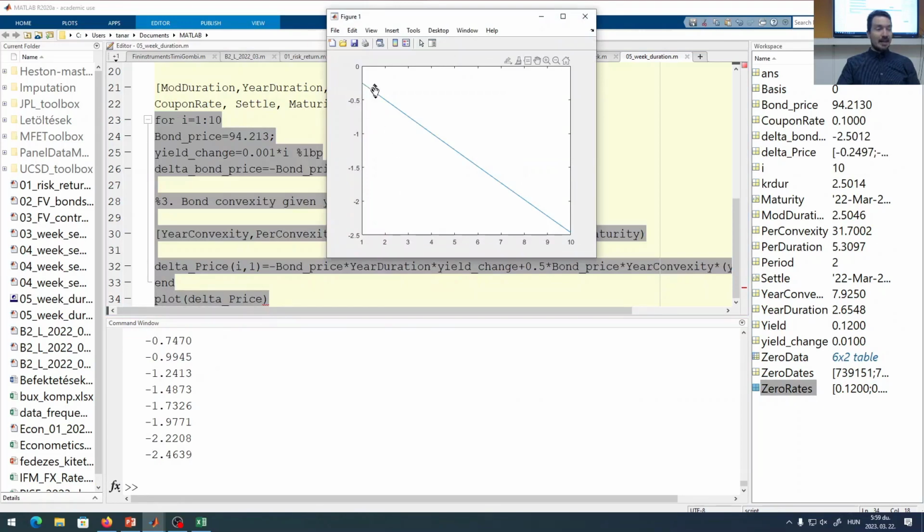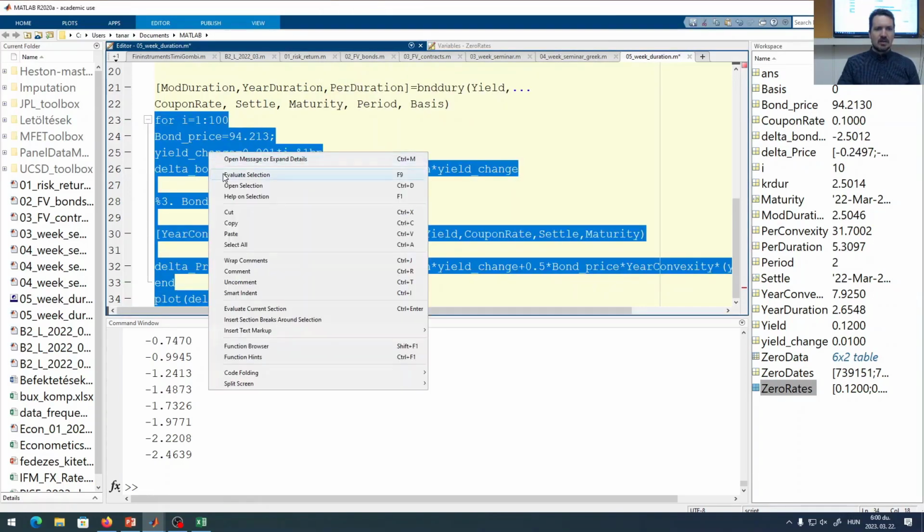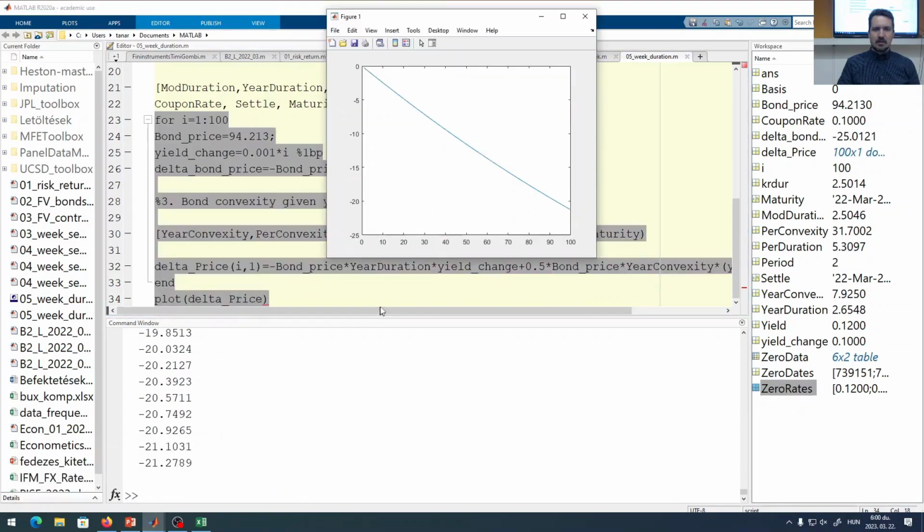Bing. And now we can see the relationship between the different levels of yield increases and the different levels of price decreases, and I think this is completely linear. I cannot see that this would be curvy, so let's see that. Yep. No, it's curvy.